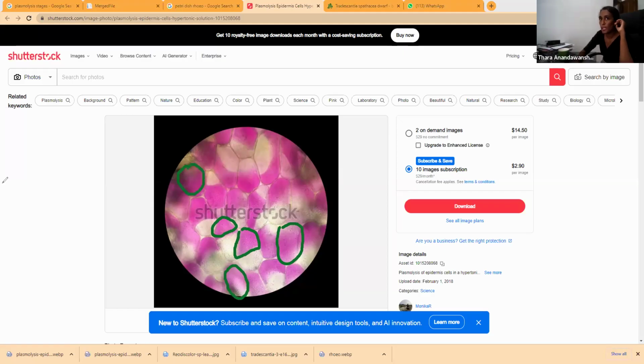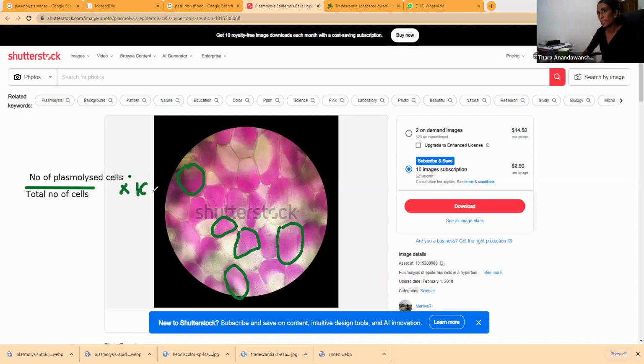What we are going to do here is count the total number of cells, and also count the number of plasmolyzed cells. Then you have to multiply by 100.